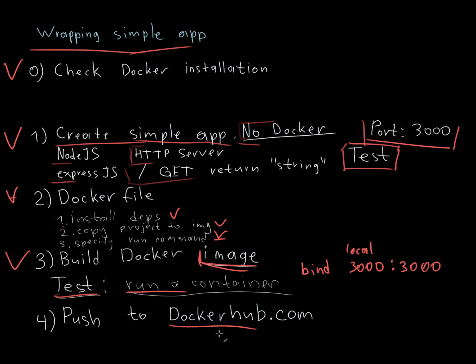This is a place where you might upload your image just to make sharing easier, because our image is a full snapshot of a system, so it weighs several hundred megabytes if we're talking about Ubuntu based images, and it might weigh much more if you have a lot of dependencies installed in your image.